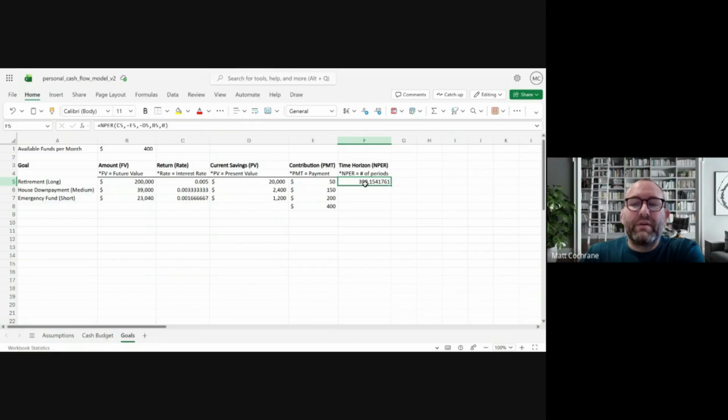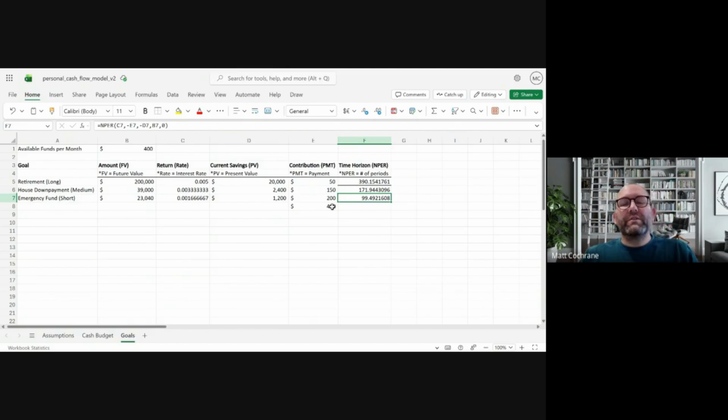Okay, so that's the number of months that it's going to take if we save $50 per month. Now, I'm just going to drag this all the way down, and you can see that for the house down payment, if we allocate 150, it's going to take us 171 months to accomplish that. If we take 200 for our emergency fund, it's going to take us 99 months to accomplish that.